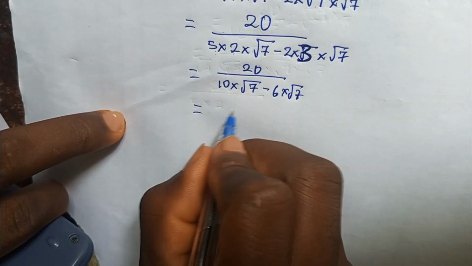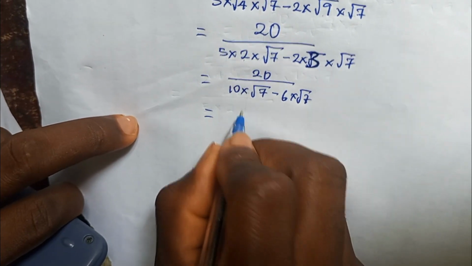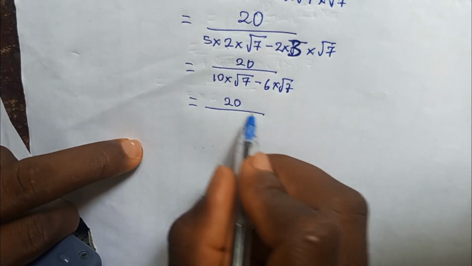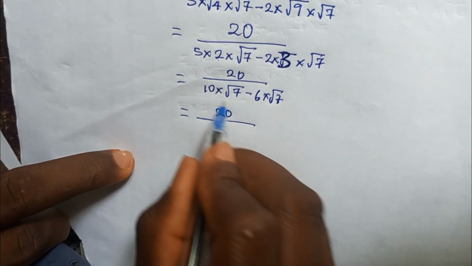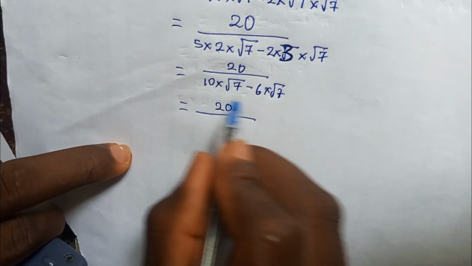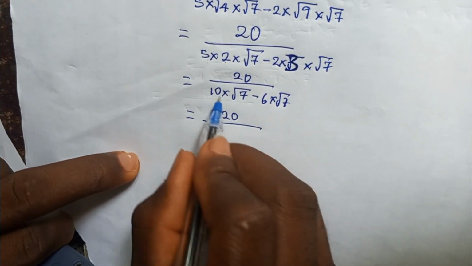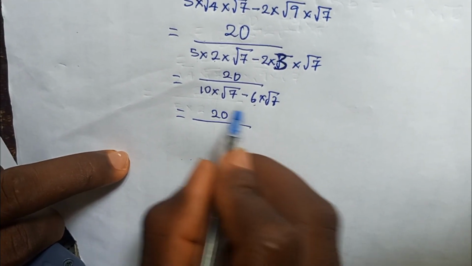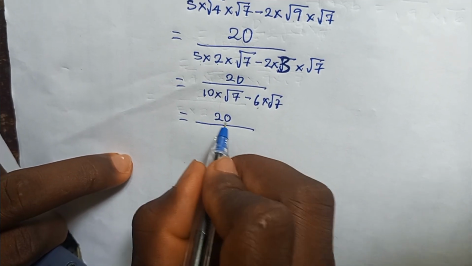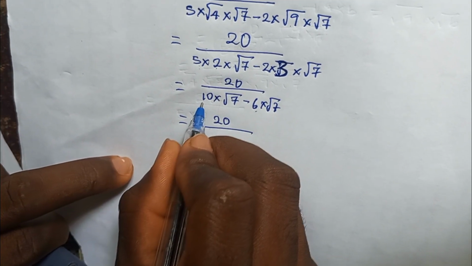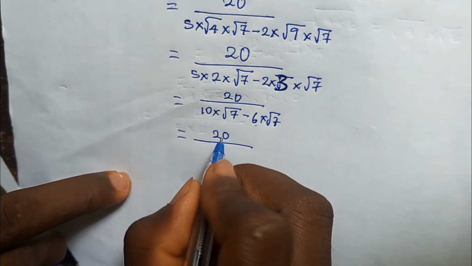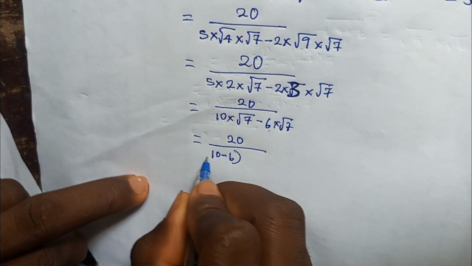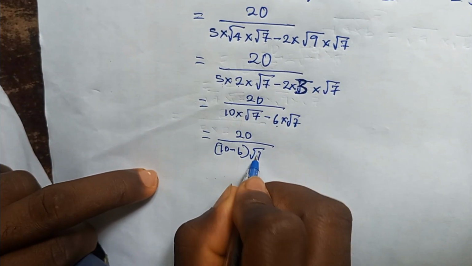So this now is 20 all over, since root 7 is common between these two sets of numbers, we are going to isolate the root 7 from each of them, making it 10 minus 6 all over root 7.